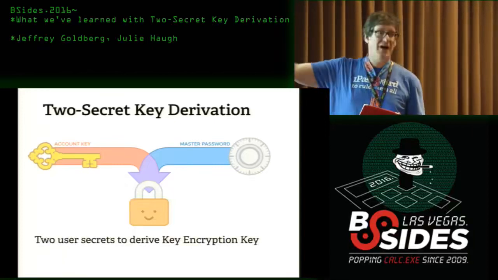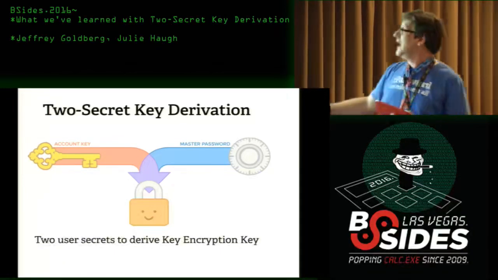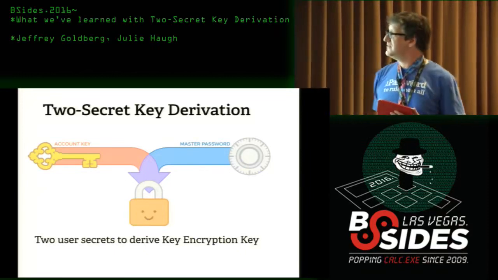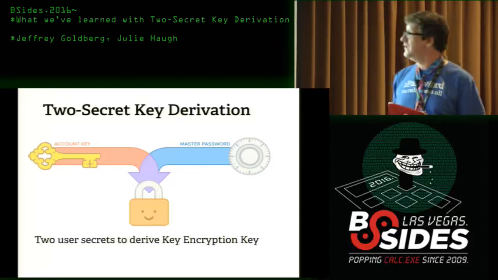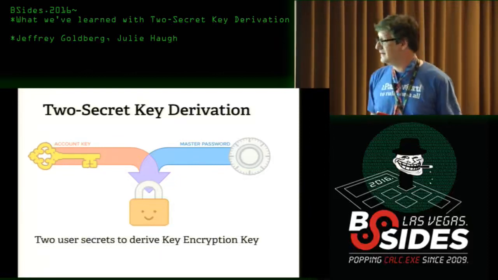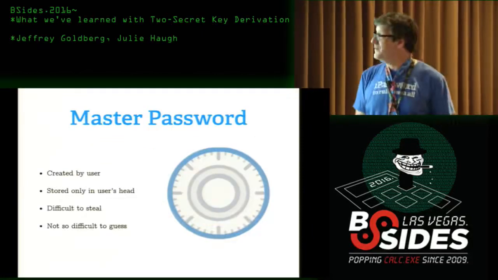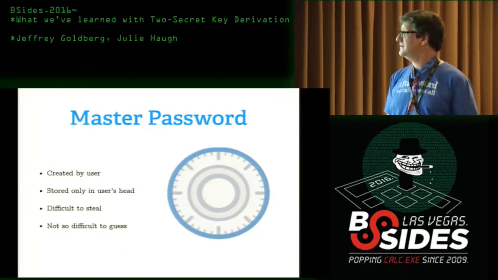So in deriving the keys that you actually need to unlock stuff, we take two user secrets, a master password and something that we've called an account key, and I have no idea why we call it that. A master password is something that's more or less created by the user.